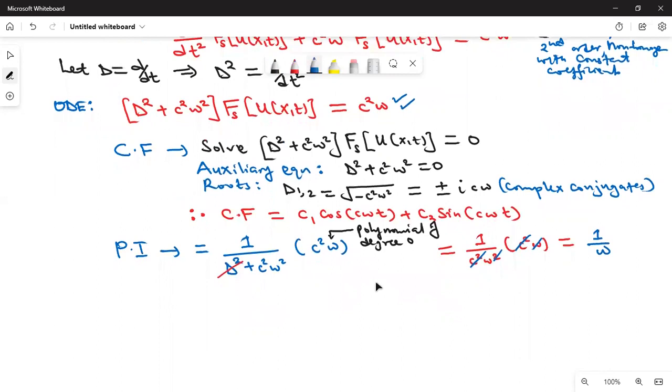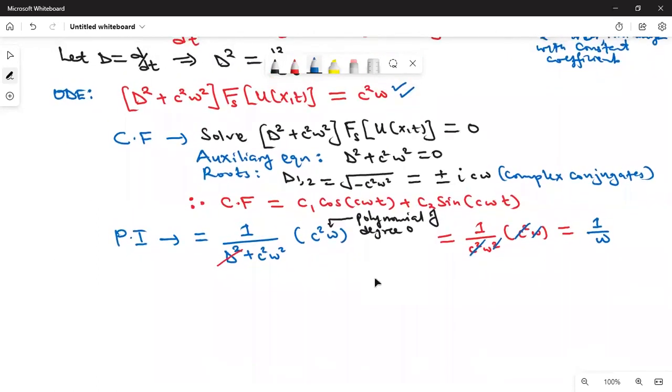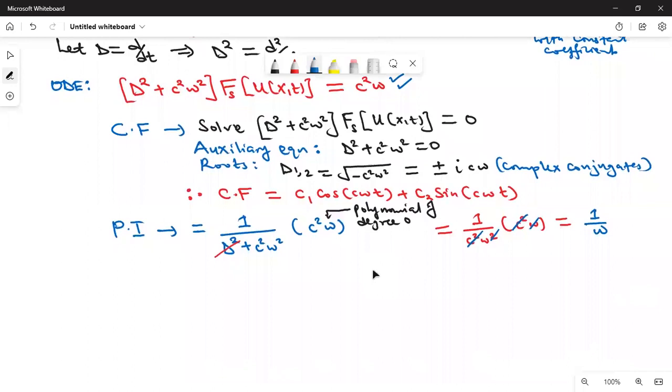So therefore, our general solution is the sum of those two solutions, complementary function and particular integral. So the general solution is simply equal to complementary function plus the particular integral.